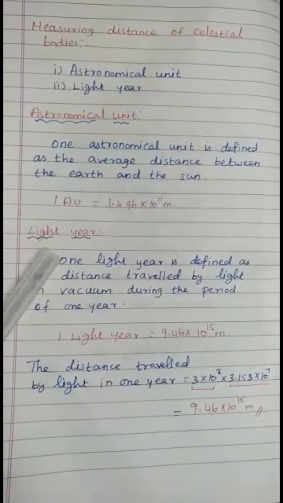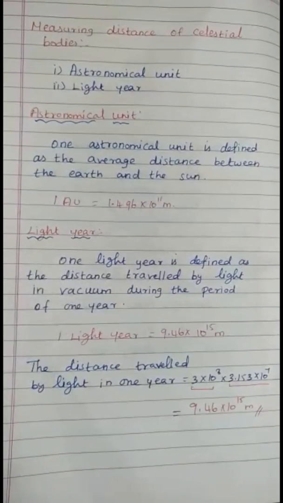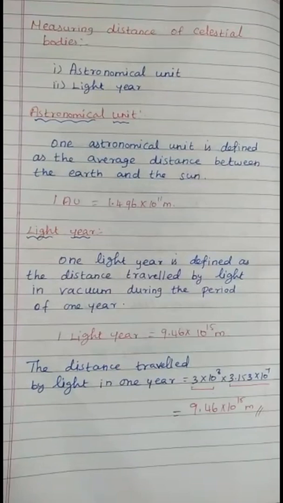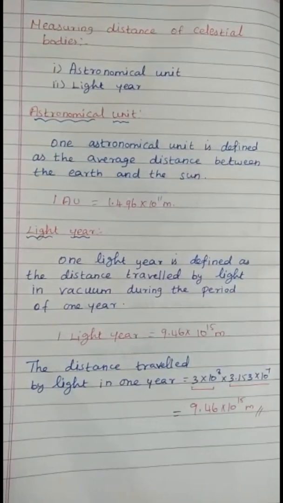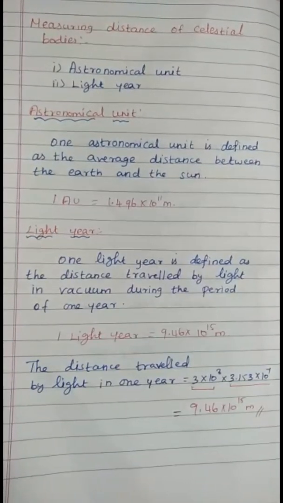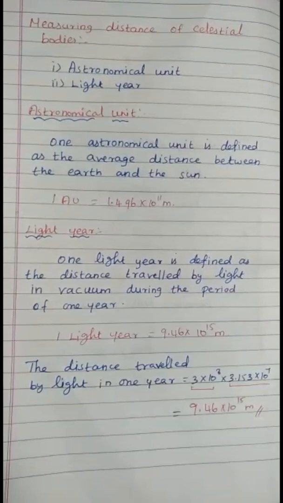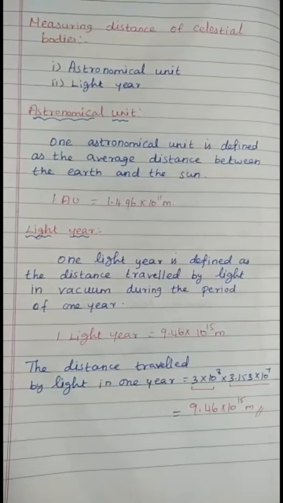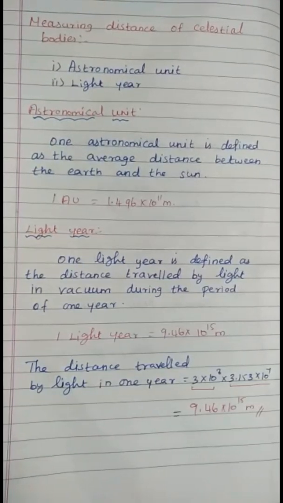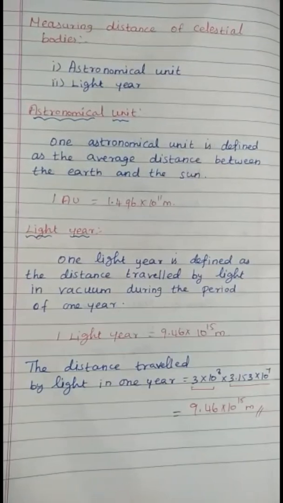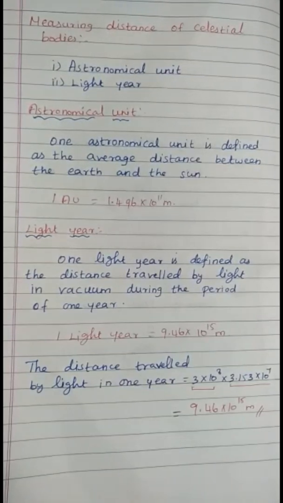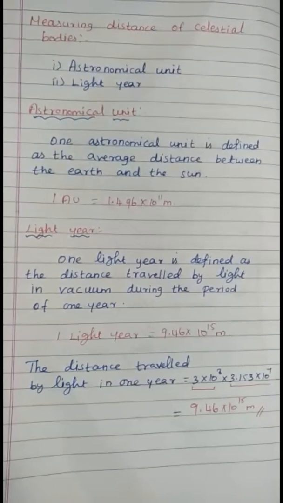Next, light year. Astronomers use a special unit called light year for measuring the distance in deep space. If light travels a distance of 3 into 10 to the power of 8 meter in 1 second, then the distance traveled by light in 1 year is equal to 3 into 10 to the power of 8 into 3.153 into 10 to the power of 7, which is 9.46 into 10 to the power of 15 meter.